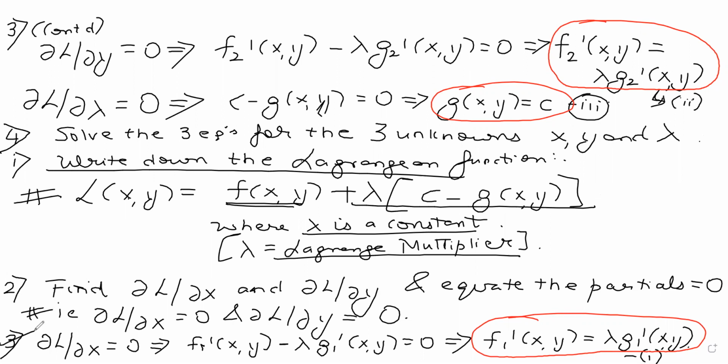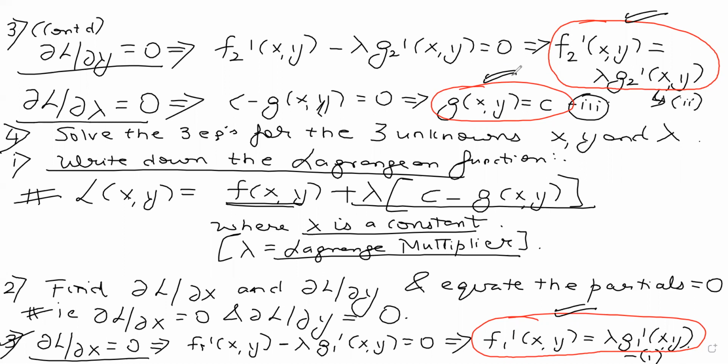Step number 3, what are the equations you will get? Del L by del x equal to 0 gives you this equation. Del L by del y equal to 0 gives you this equation. Del L by del lambda equal to 0 gives you back the constraint itself. You have three equations and three unknowns x, y, and lambda. I expect students by now to understand how to solve three equations in three unknowns. Very simple.